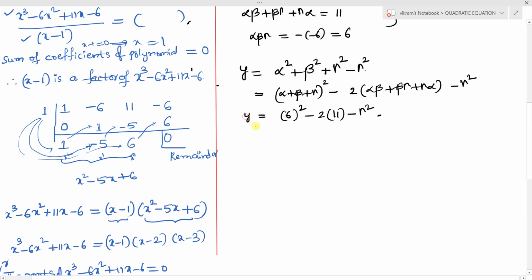Here y is equal to 36 minus 22, which directly gives 14 minus gamma square, where gamma is a root.